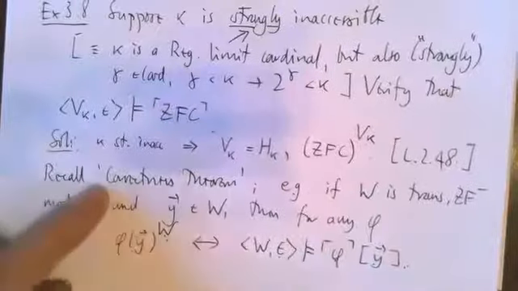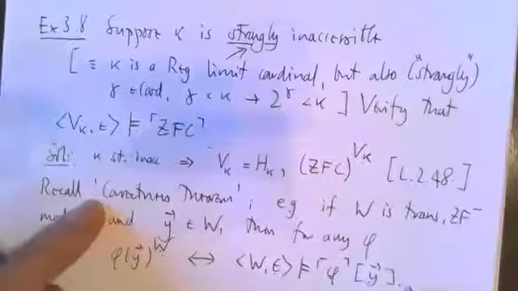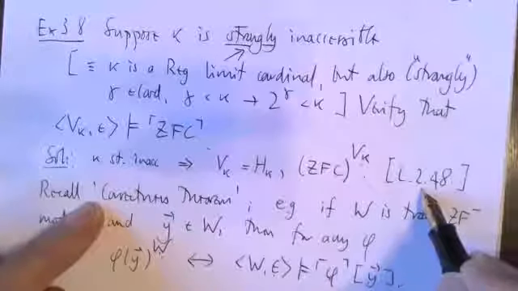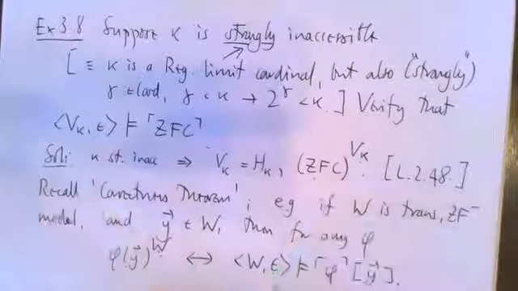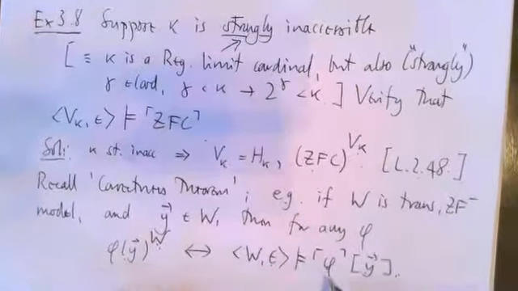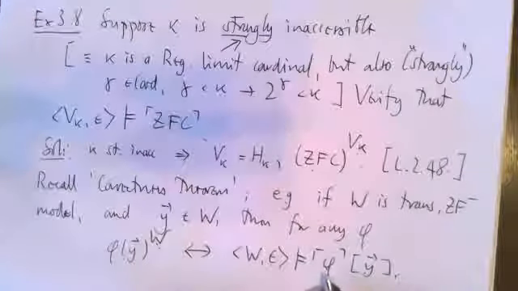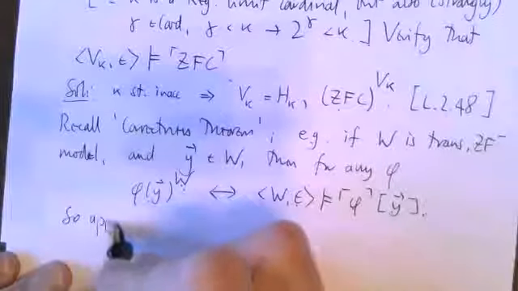So all you have to do is appeal to the correctness theorem, and lemma 248. By correctness, every axiom of ZFC is satisfied in the structure V kappa. So I think you just have to say that, applying the correctness theorem.